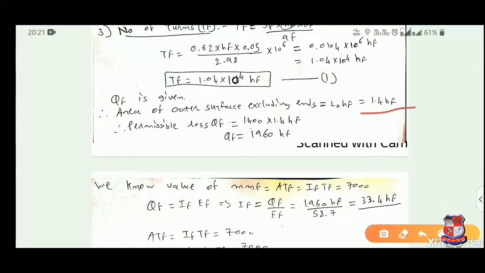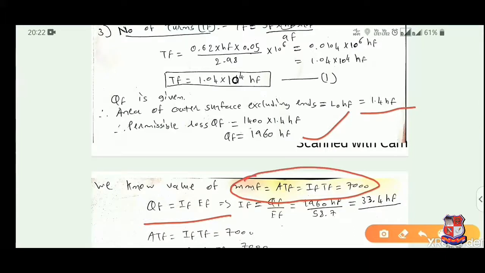So we can find the relation for that. So we can see the new loss, the permissible loss. So the new value of QF is 1960. Now this loss is taken as a power, and we are going to find the relation based on this IF, and we again get the value of IF.